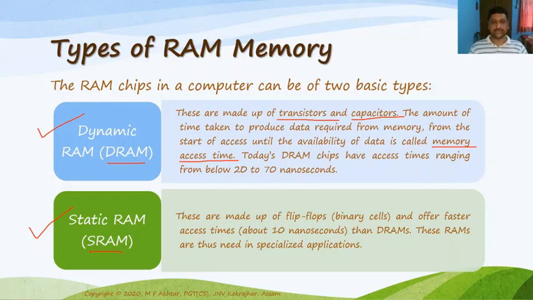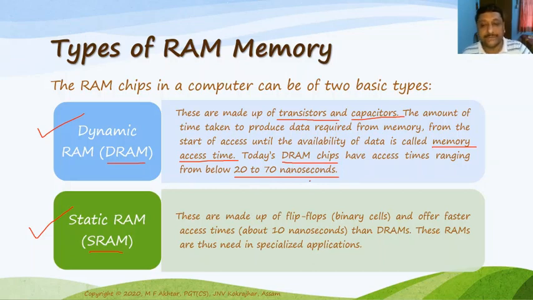So the time taken to read data from dynamic RAM or from memory is known as memory access time. Now see, RAM chips have access times ranging from 20 to 70 nanoseconds. DRAM chips need 20 to 70 nanoseconds to access any data from anywhere in the DRAM.